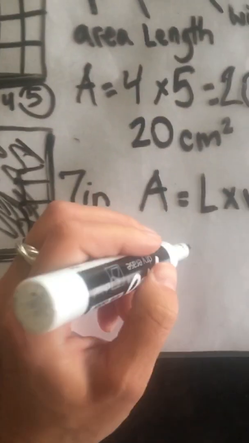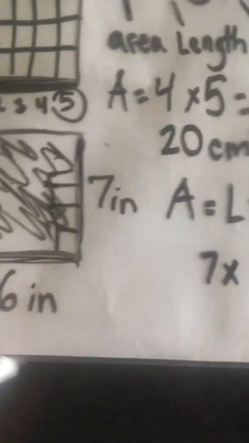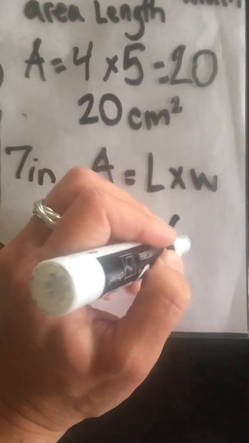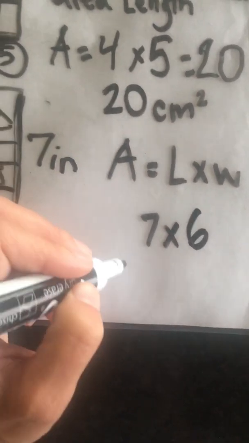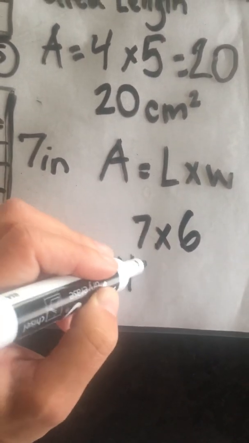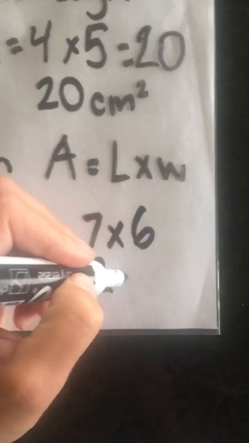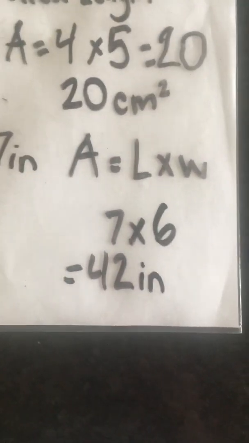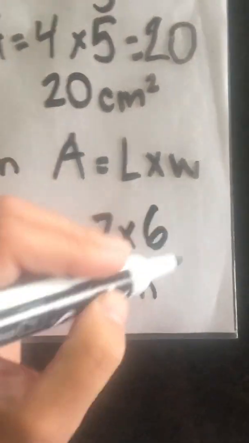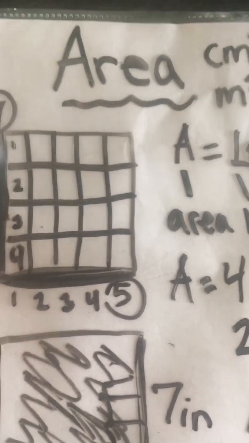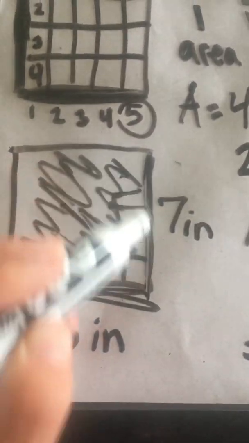So we're going to take 7 times this side, 6. 7 times 6 gives us 42. And we're in inches, but we can't just put inches behind it. We have to put the little squared there, showing us that we found the area. We're focusing on all the squares inside this shape.